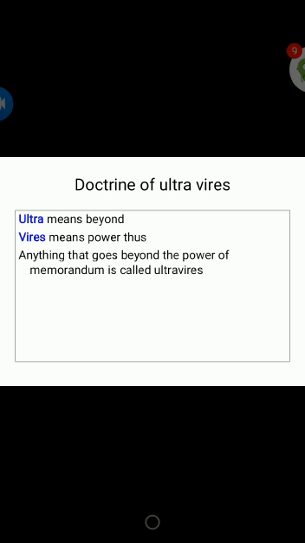The company cannot go beyond that. So any activity which is not expressed or not authorized by the memorandum of association is called ultra vires.